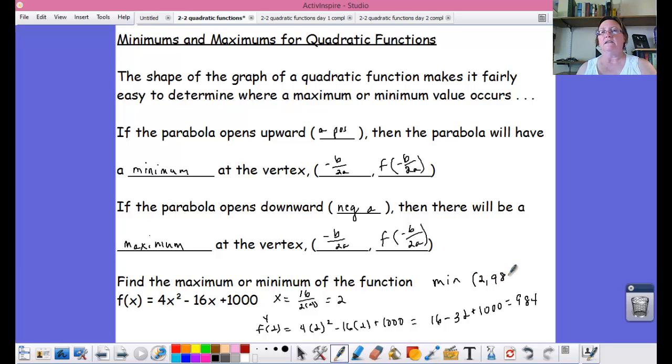It is 984. Once again, let's make this clear. This is the location where the minimum occurs. The actual minimum for this function is the 984. It occurs when x is 2, and it is 984.